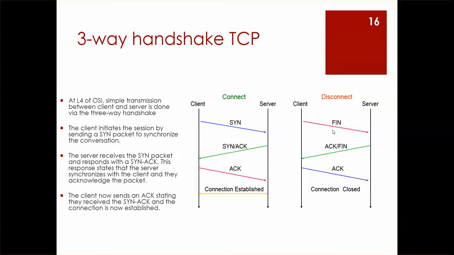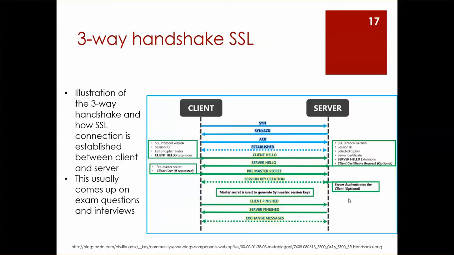Then a FIN packet or flag is sent to signal the tearing down of the communication with the server. As the client sends this request, the server responds with acknowledgement and then a FIN flag, and then the client says, okay, and at this point the connection is closed.